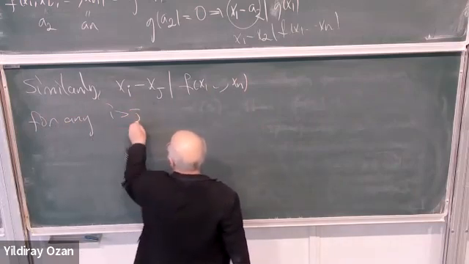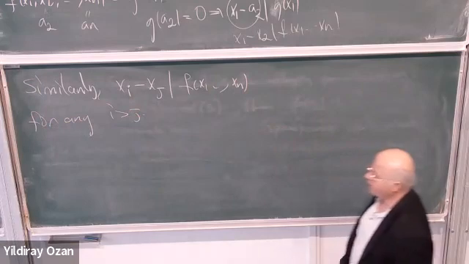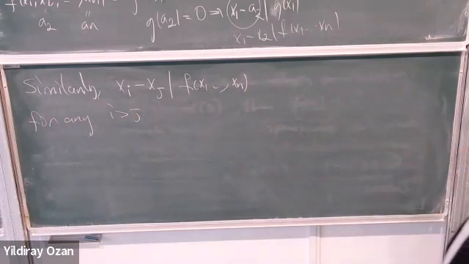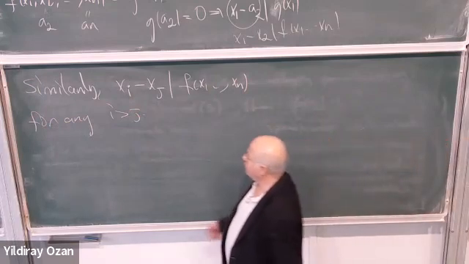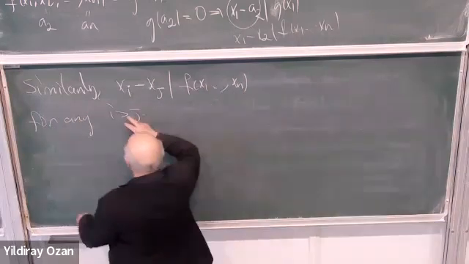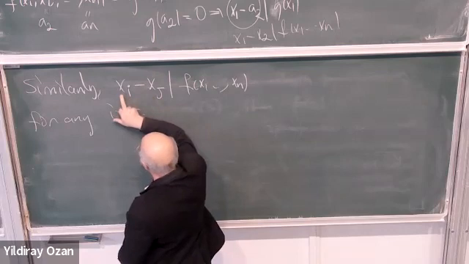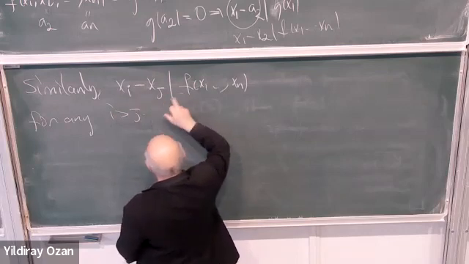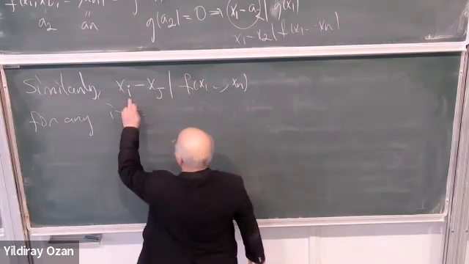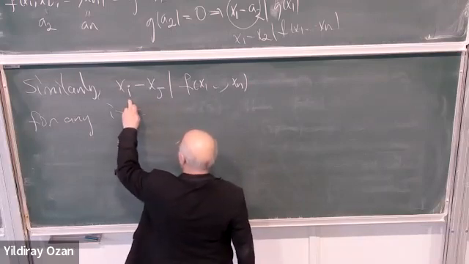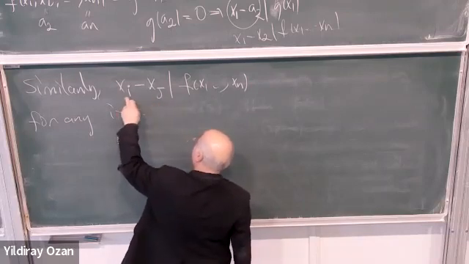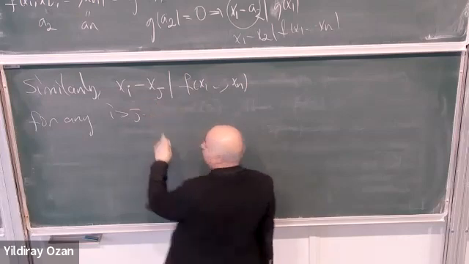Let me just choose this way for i larger than j. Well, this means what? x1 minus x2 divides this polynomial, x1 minus x3 divides this polynomial, no, x3 minus x1, x3 minus x2, x4 minus x3, x4 minus x2, and so on.